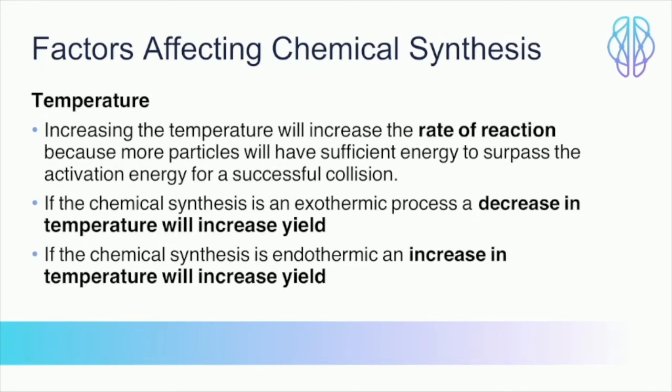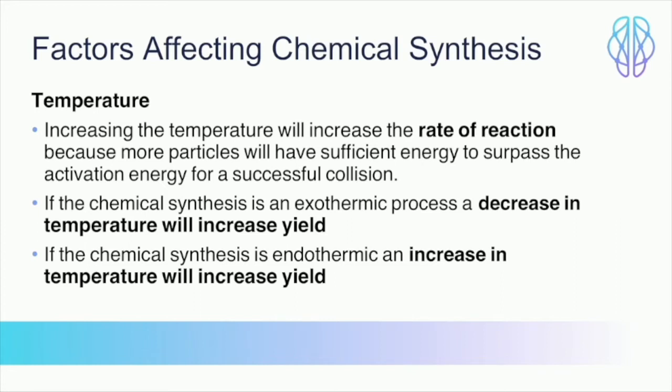Another thing that can affect the design of a chemical synthesis is temperature. We can actually use temperature in a twofold way. Whilst the availability of the reactants will mostly affect the yield, temperature has the effect of potentially affecting the reaction rate as well as the yield. So an increase in temperature will increase the reaction rate. This is because temperature is a reflection of the average kinetic energy of the particles.